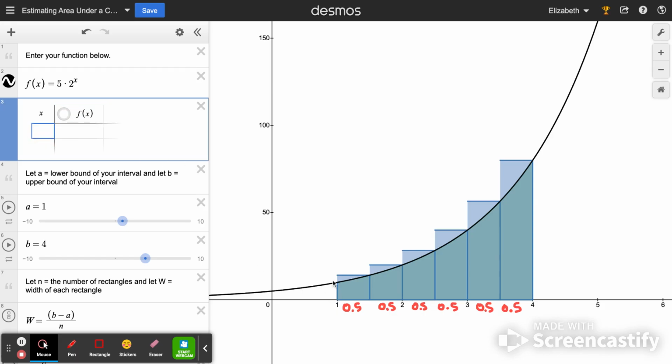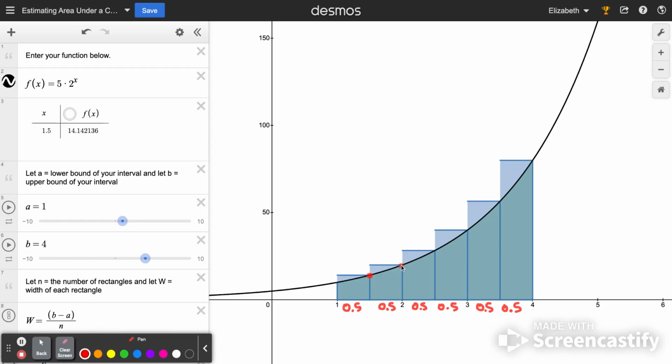If we look here, my first rectangle actually does not come from this point. We can see that the height of this rectangle is right here. It comes from plugging in a value of 1.5. If I plug in 1.5 to my function, the height right there is 14.14. So this just does it for me. The next thing I want to plug in to get my second rectangle comes from this point right here, from plugging in 2.